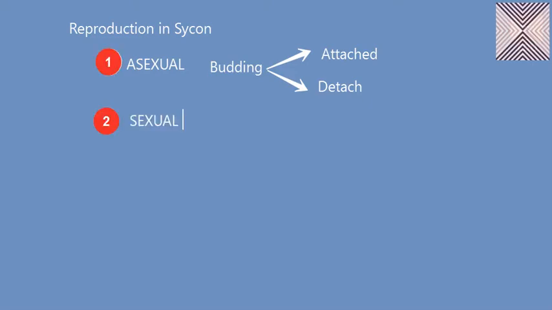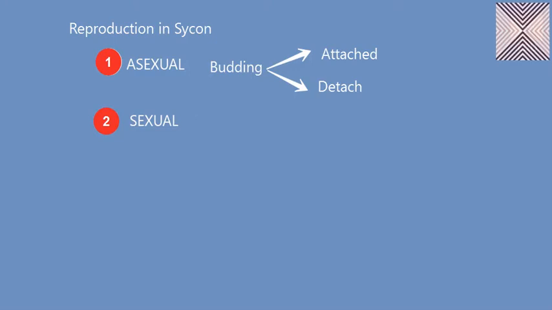Now after asexual reproduction, we have got the second type, which is the sexual reproduction. So Sycon is also showing the sexual kind of reproduction. First of all, I should explain to you that the Sycon are monoecious kind of individuals.